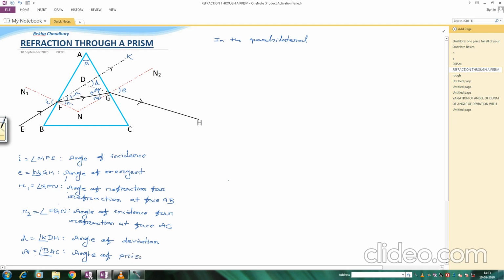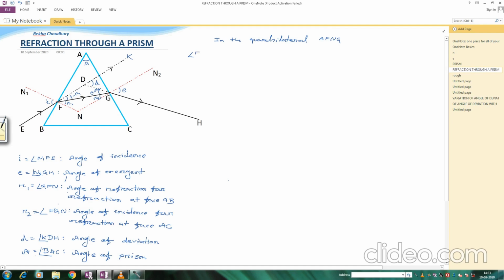Here we will establish a relation between the angle of incidence, angle of emergence, angle of prism and angle of deviation. So in the quadrilateral AFNG, the sum of all the 4 angles is 360 degrees.